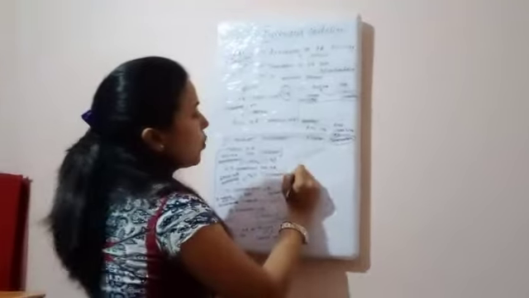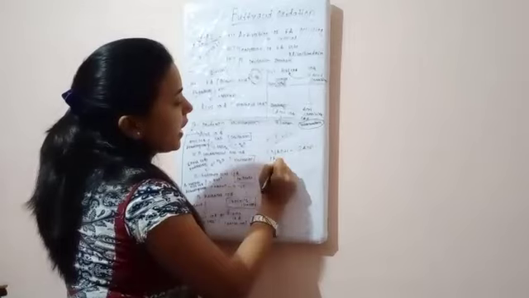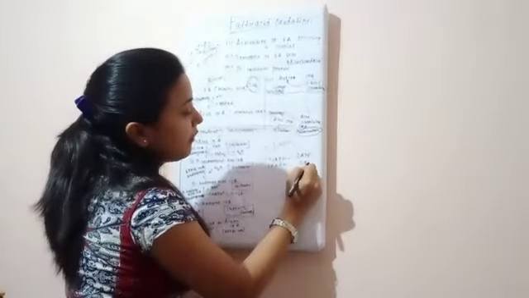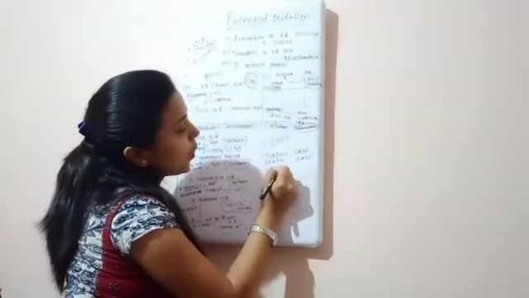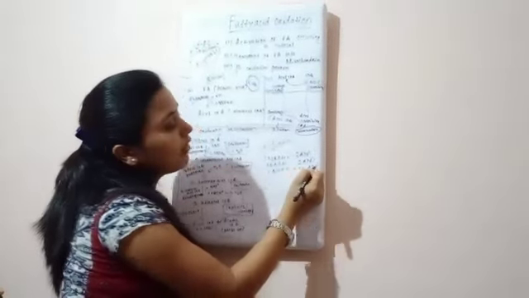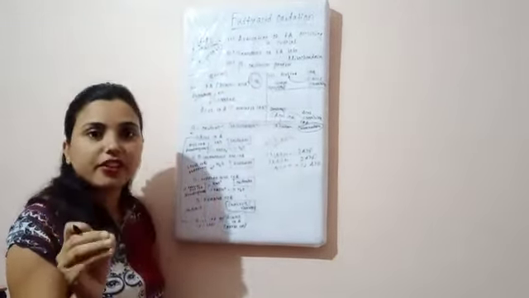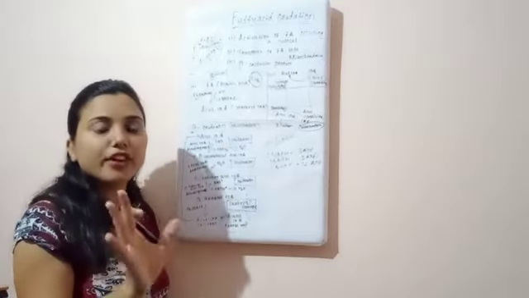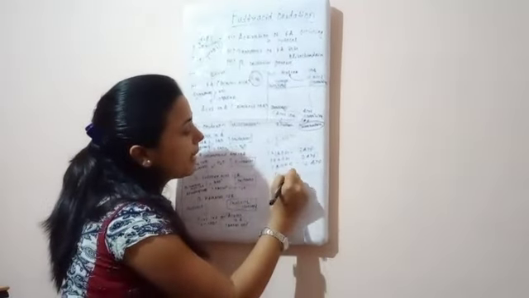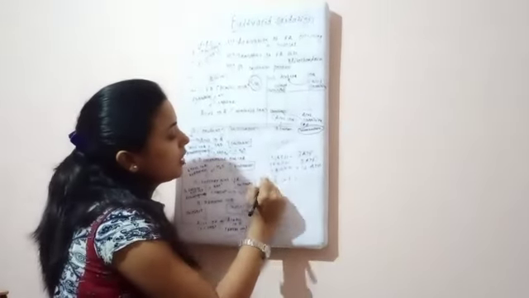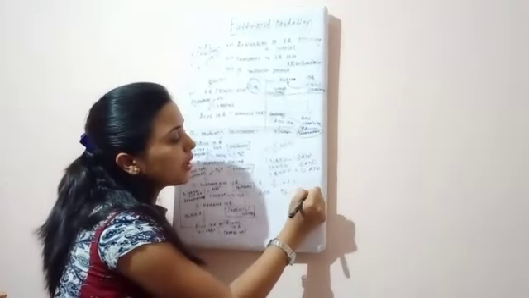You know 1 NADH is equal to 3 ATP, 1 FADH2 is equal to 2 ATP, and 1 acetyl-CoA is equal to 12 ATP. For palmitic acid, or any even-carbon fatty acid, the number of beta oxidation cycles is N/2 minus 1, and the number of acetyl-CoA is N/2, meaning 16/2 is equal to 8.